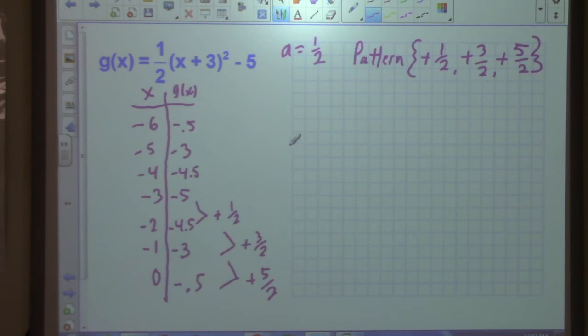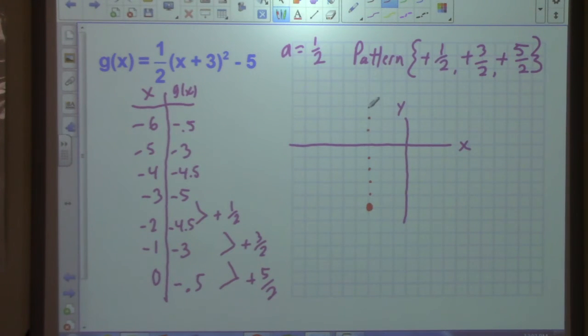And so now we can just graph this. And again, like the other one, we're over to the left. So x, y. We have our vertex, -3, -5, so here's -3 and down 1, 2, 3, 4, 5, right here.